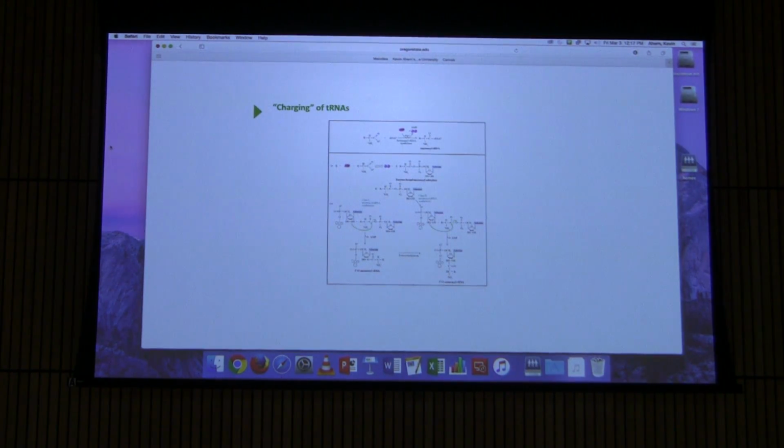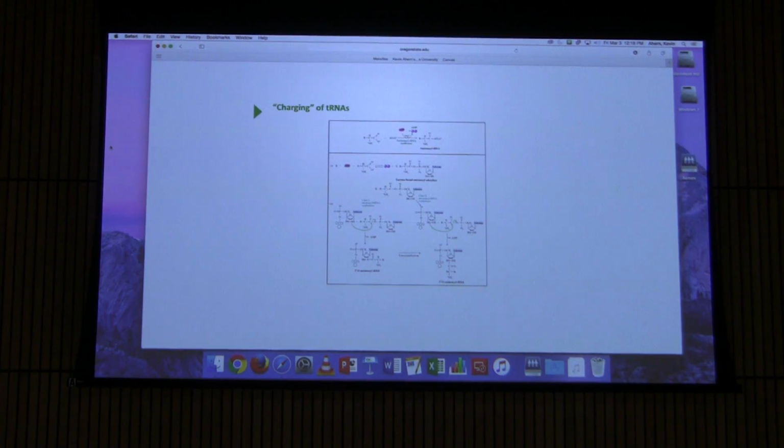I don't want to go into too much detail here, but I do want to show you just a little bit about what happens during that charging process. It's a little hard to see here, but this is showing you the energy necessary to attach that amino acid to the 2' or the 3' end. That energy comes from ATP, and the product of that reaction is actually AMP.